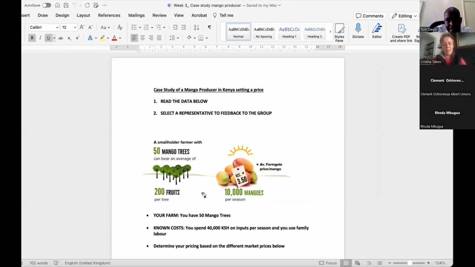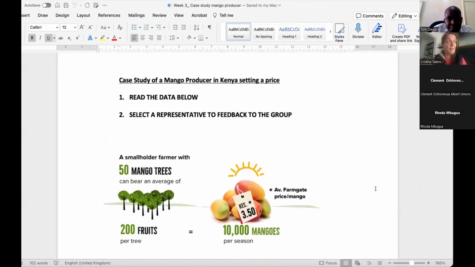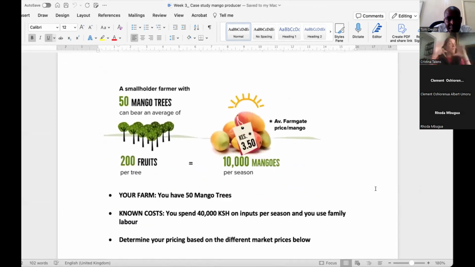So have a look at the diagrams. Have a look at what it says there. I want you to select a representative from your group to feed back to everybody else. If possible, they can write it on a page and then it can be fed back. So your farm, this is the key stuff. You have 50 mango trees.